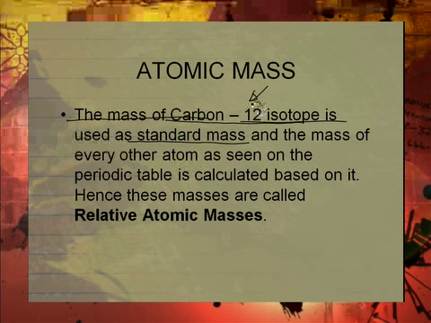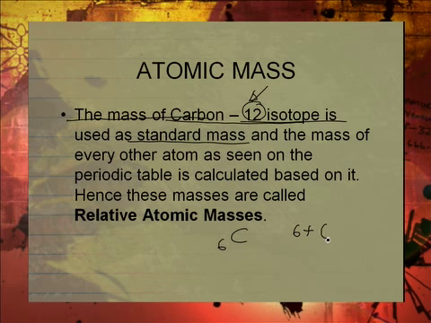They call it carbon-12, and the 12 simply means that you have got an atomic mass of carbon being 12. And that would mean, because carbon is element number 6, it also has 6 protons. So it will be 6 plus 6, because the atomic mass is protons plus neutrons, and that gives you 12.